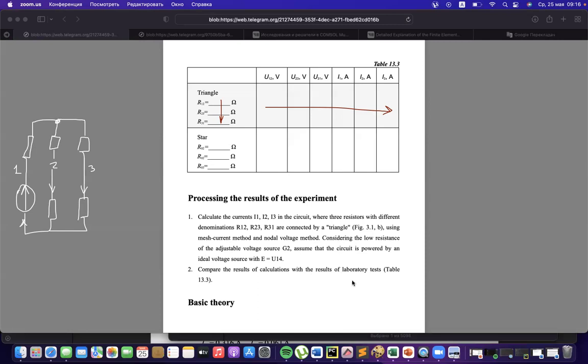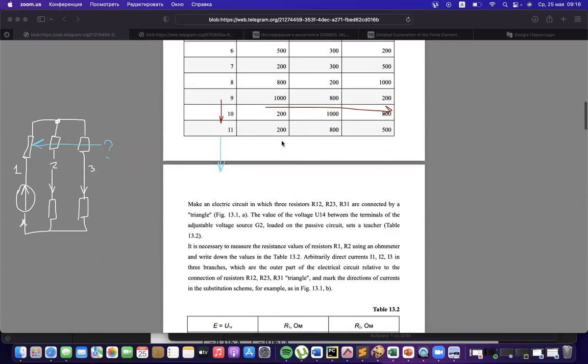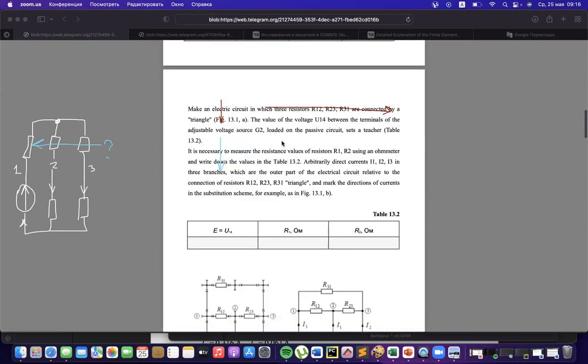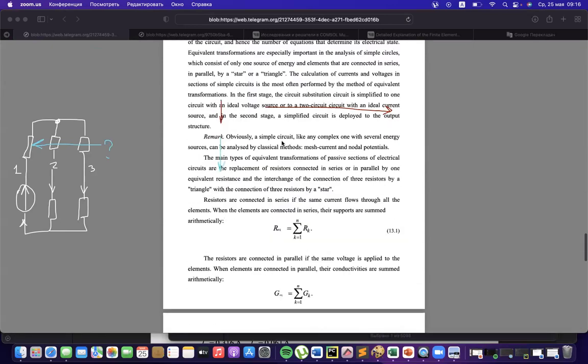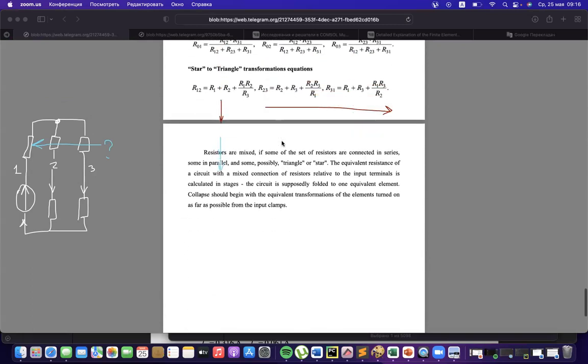And first of all, you have to find the value of these 3 elements and fulfill the table. How could you find it? Start using the formulas. They should be here. Yes, from theory. Oh, here it is.